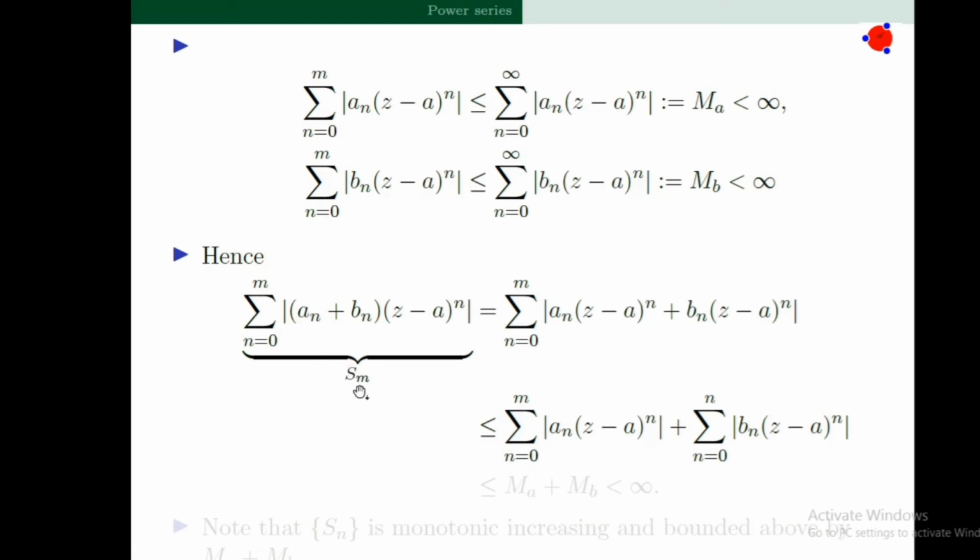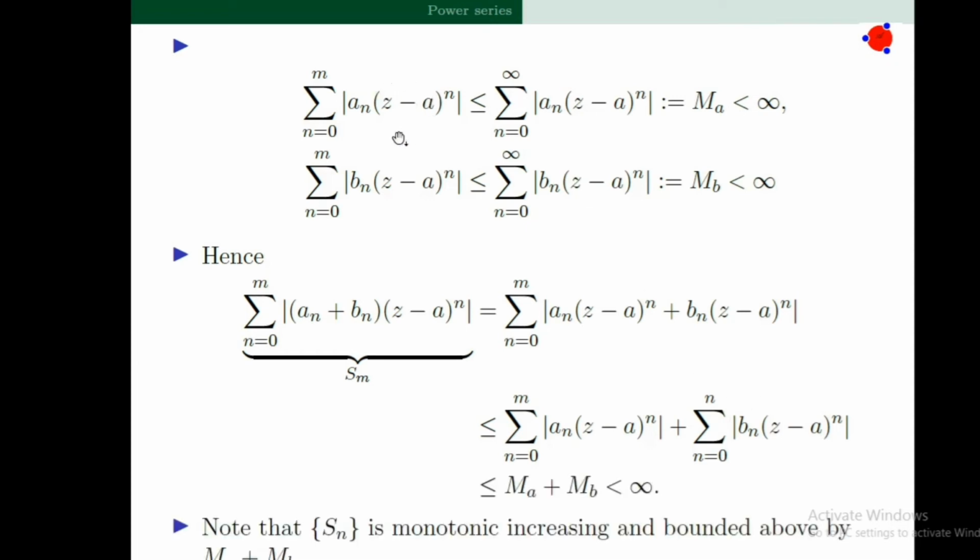Now the partial sum Sm can be written as summation n equal to 0 to m of mod (an plus bn) into (z minus a)^n. By triangle inequality, this is less than or equal to summation n equal to 0 to m of mod an into (z minus a)^n plus summation n equal to 0 to m of modulus of bn into (z minus a)^n.